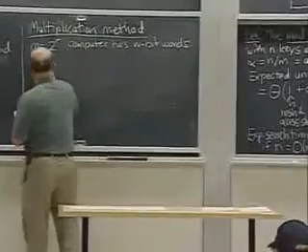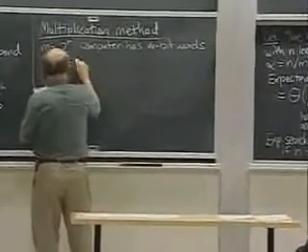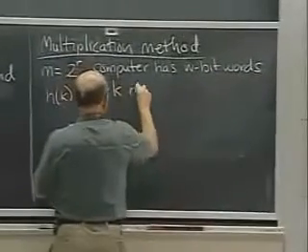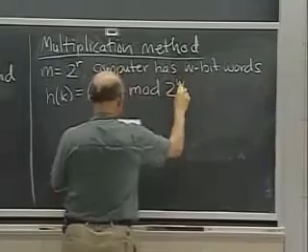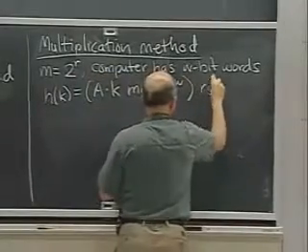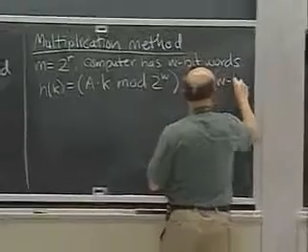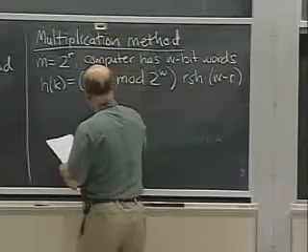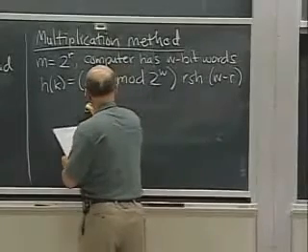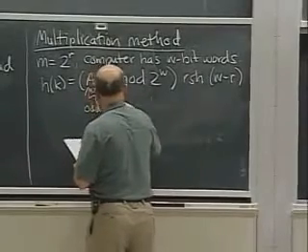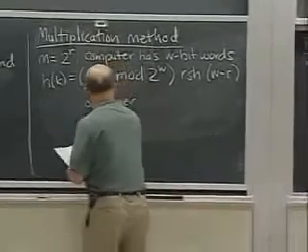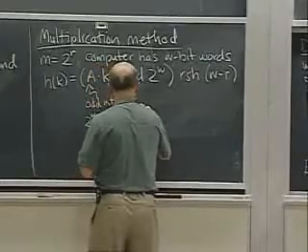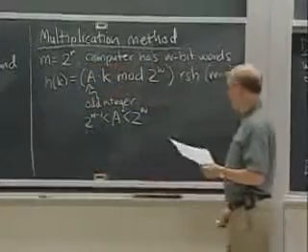So the hash function is the following. H of k is equal to a times k mod 2 to the w, right shifted by w minus r. Okay? So the key part of this is a, which is chosen to be an odd integer in the range between 2 to the w minus 1 and 2 to the W. Okay?